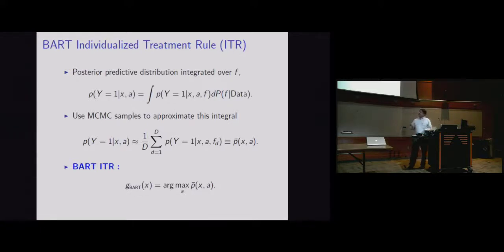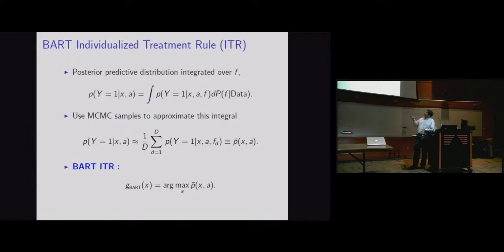So if we've got our MC samples, FD, of the function value, we can apply the probit function here to get the probability given that FD and a particular treatment A at X. Okay?